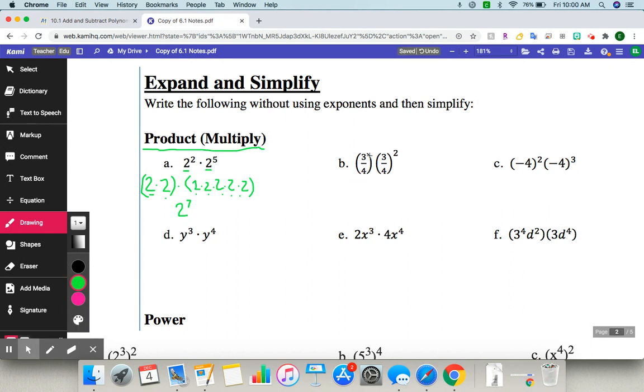In B, notice this is simply 1 factor of 3/4, so there's actually an invisible 1 exponent there. And then multiplied by another 2 factors of 3/4. So in total, I now have 3 factors of 3/4 and can write it using an exponent of 3.